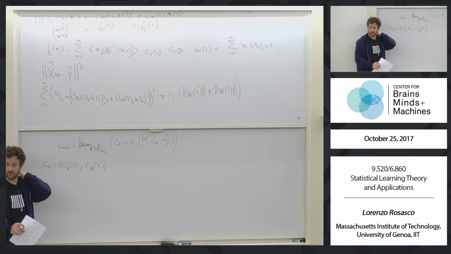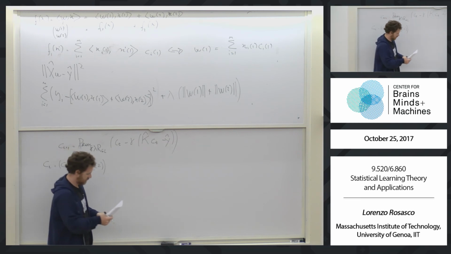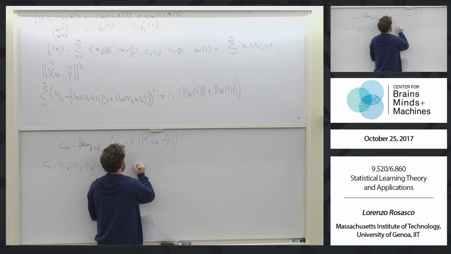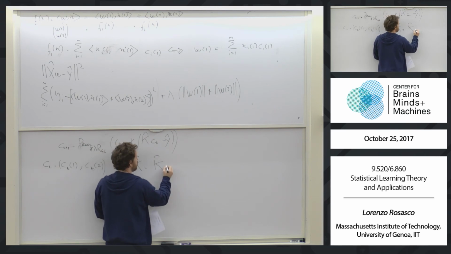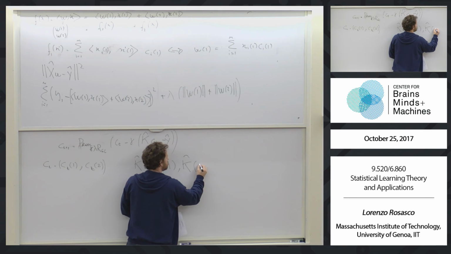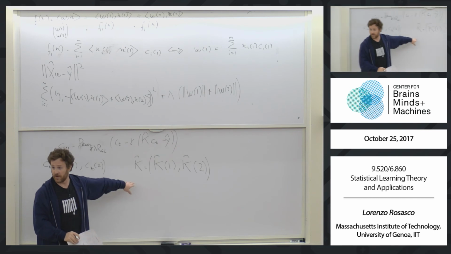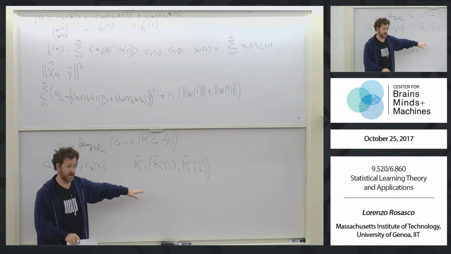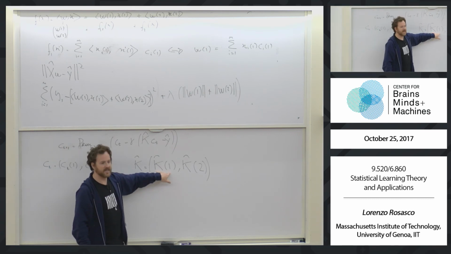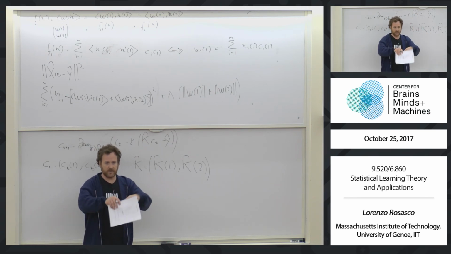What is K hat? K hat is the matrix which is the concatenation of two kernel matrices, or if you want, Gram matrices. Again, there are no kernels for now. These are just inner product matrices, okay? I take my data matrix, I keep only the component for the first group, and then I take the inner product with itself.